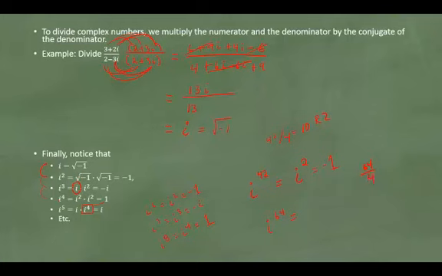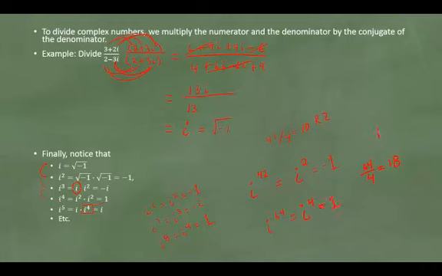It goes into 40 10 times, and it goes into 24 6 times, so it goes into it 16 times. Point being that there is no remainder. This is the same thing as saying i to the 4th, which is just equal to 1.